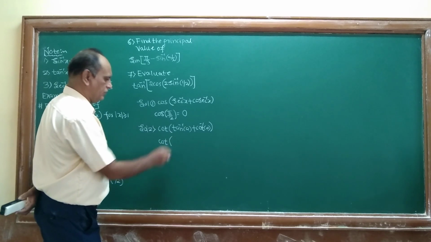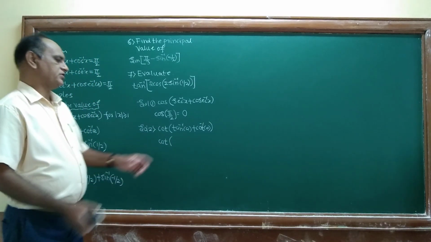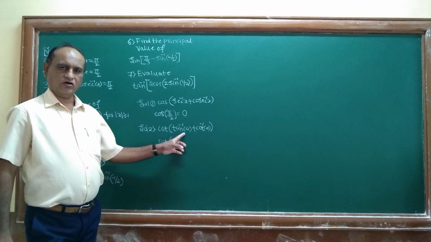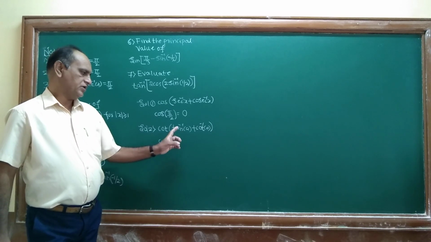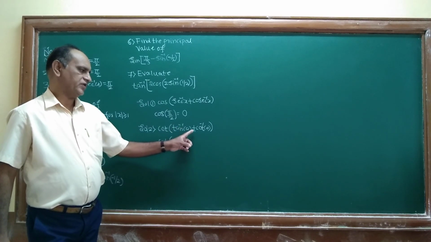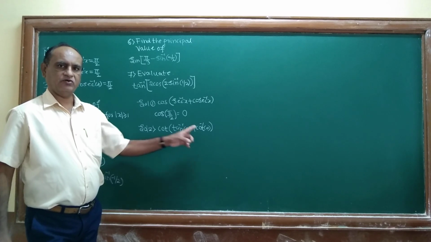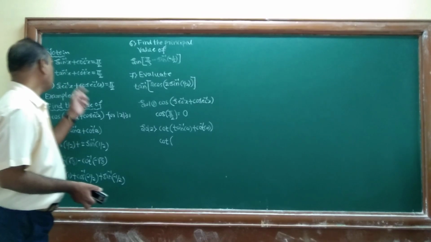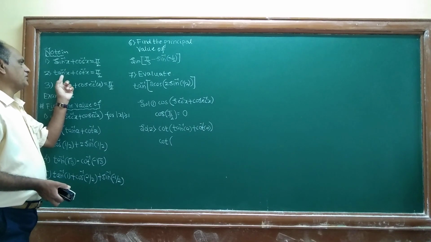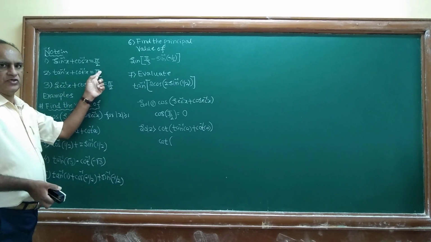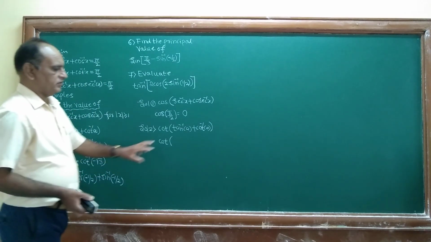On the same line, you know that tan inverse x plus cot inverse x is equal to pi by 2.